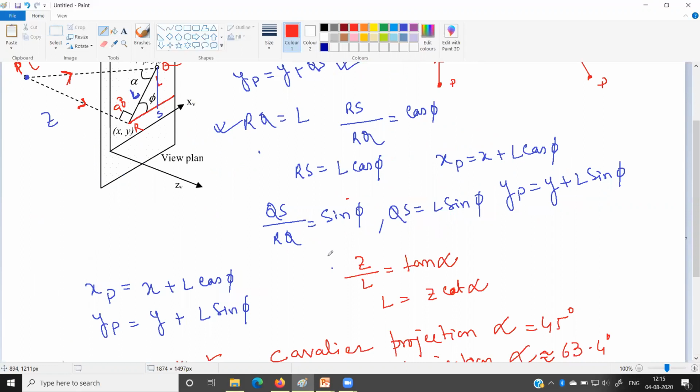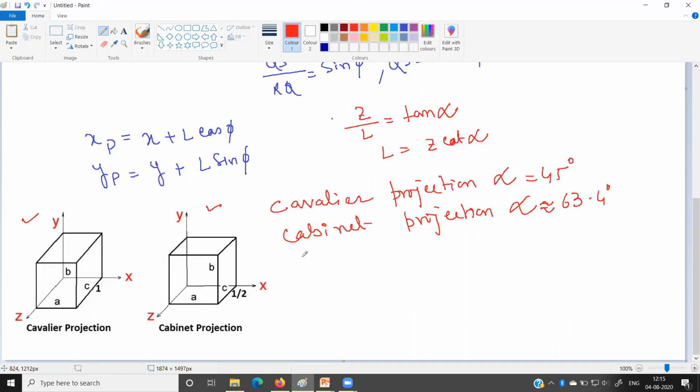So that is all about the different types of projection. Perspective projection I have already discussed in my previous lecture, and in case of the parallel projection, there are two classifications, orthographic and oblique. Orthographic projection is created when the projector creates a 90-degree angle with the projection plane.